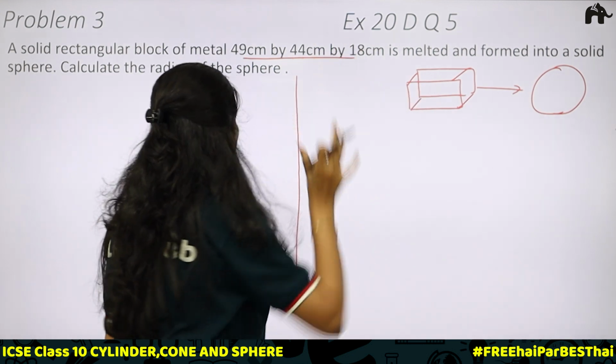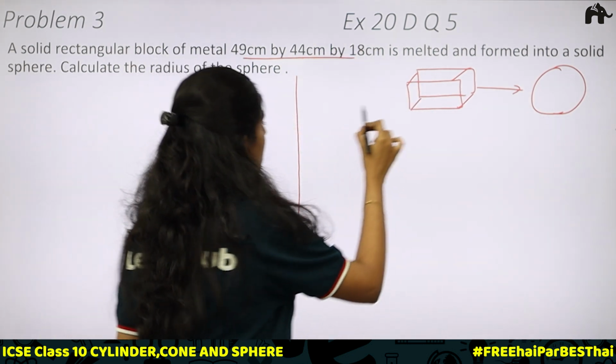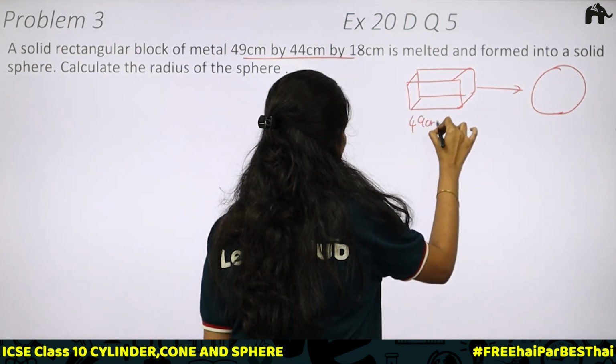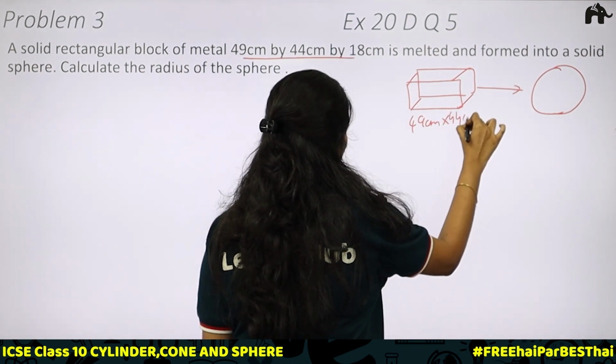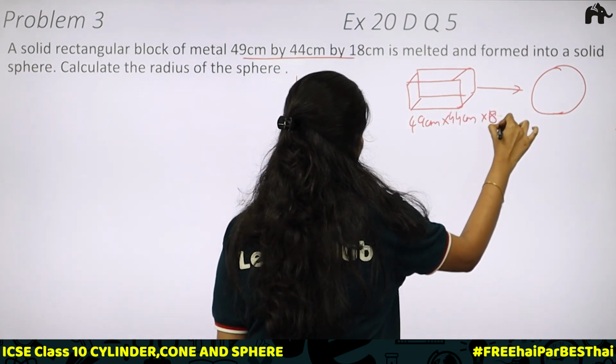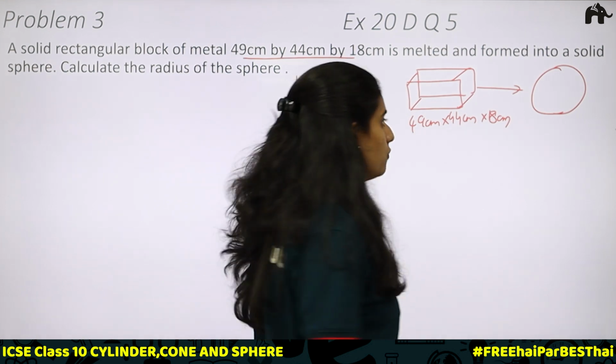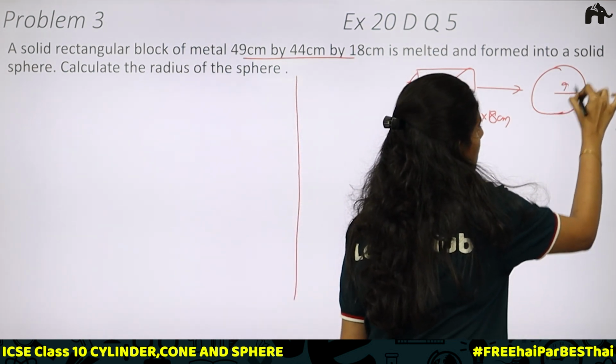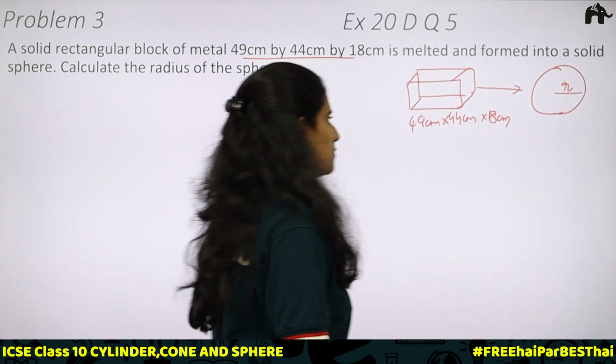Dimensions of the rectangular block are given, which are 49 centimeters by 44 centimeters by 18 centimeters. We need to find the radius of the solid sphere which is formed.